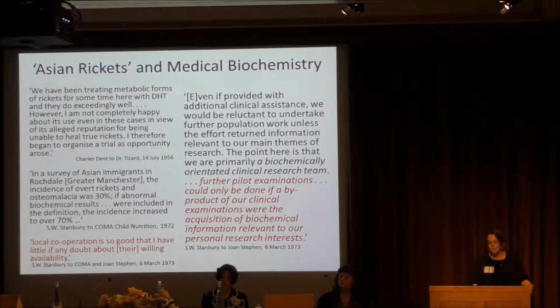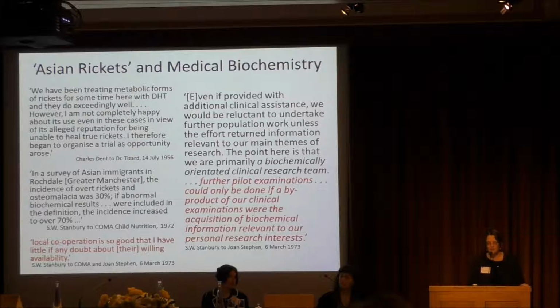And this was a problem for people like the quite famous metabolic clinician Charles Dent, who I've quoted on the slide. He really wanted to find out how this metabolic disease worked in the body. But he was only able to find cases not of normal physiology, but of people who had inherited metabolic conditions that caused them to have resistant rickets.